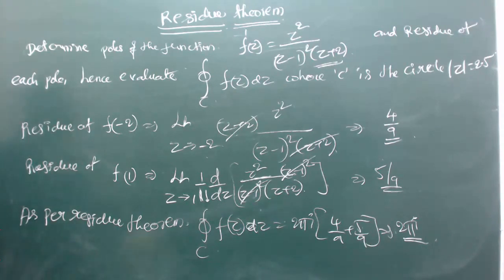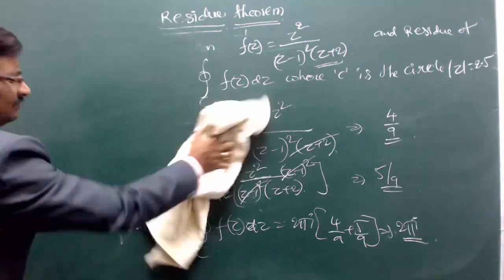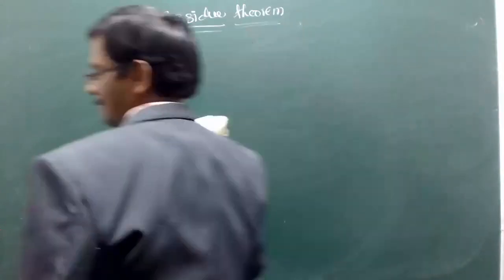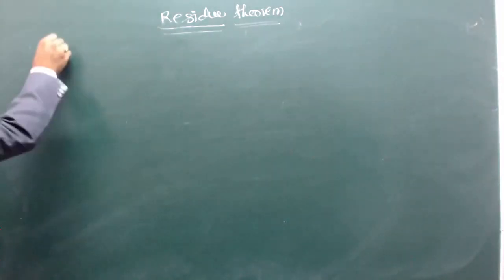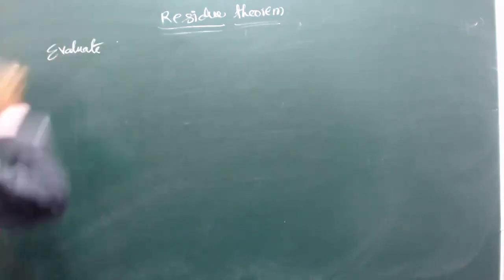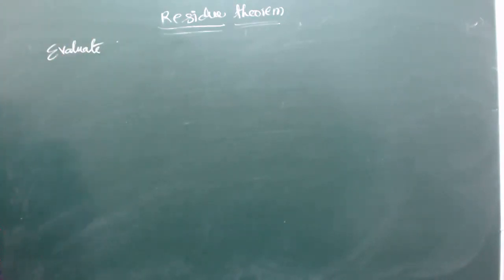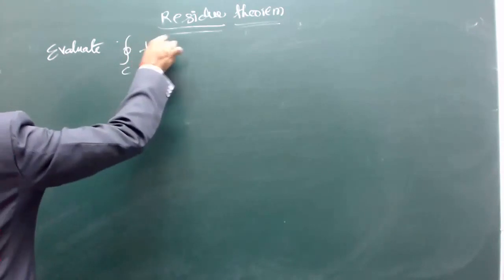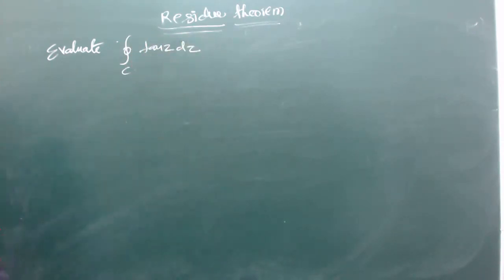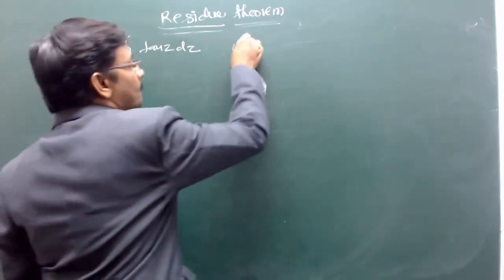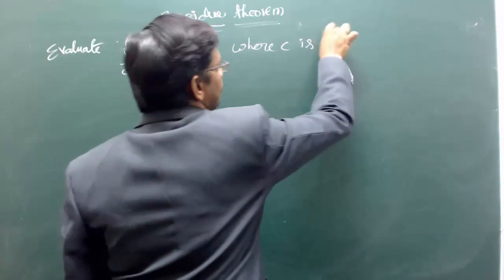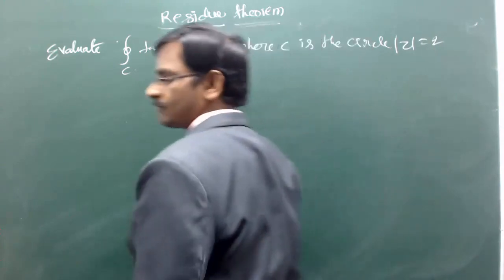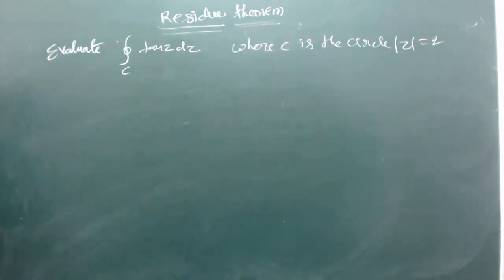Evaluate, next one, evaluate the integral over the contour C tangent z dz, where C is the circle mod z is equal to 2. Can somebody solve this?